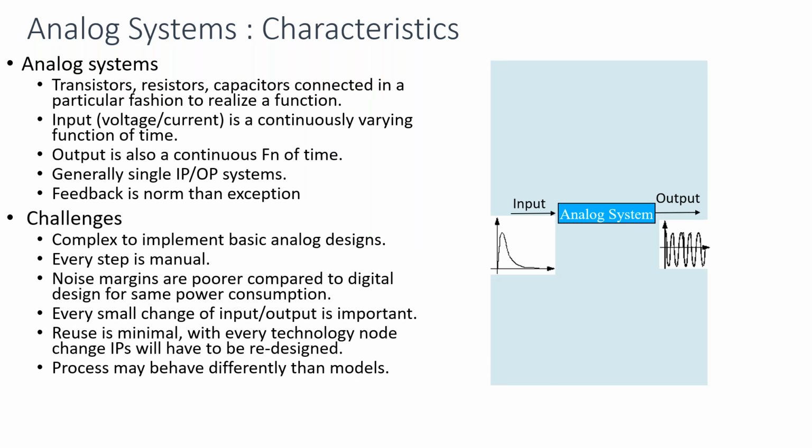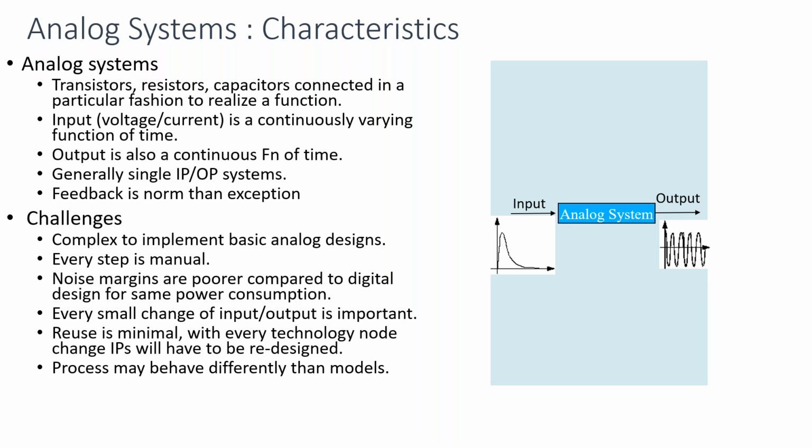Again, the analog characteristics are a bit different. There you need to understand transistors, resistors, and current versus voltage characteristics. In a digital system, output is always discrete in nature. In an analog system, it can be discrete or continuous. Most of the systems are continuous, but there are also discrete systems which are analog in nature.